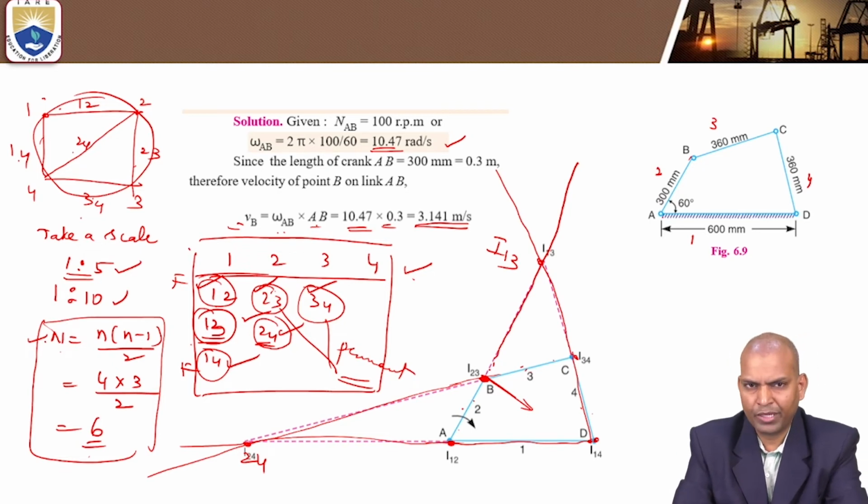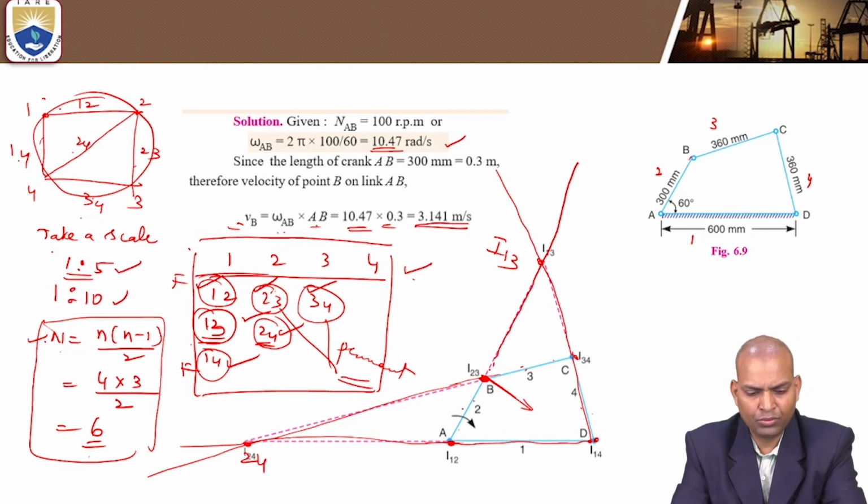So how to start the problem? We have to start by redrawing the configuration diagram, and we have to locate the I centers. It depends upon the dimensions of the links of your mechanism. We have to consider the scale, either a reduction scale or an enlargement scale. Many times we have to use a reduction scale, that is a 1:10 ratio or a 1:8 ratio.